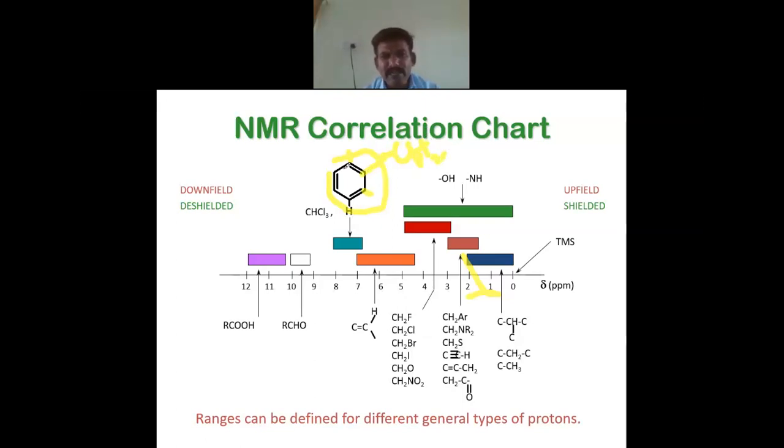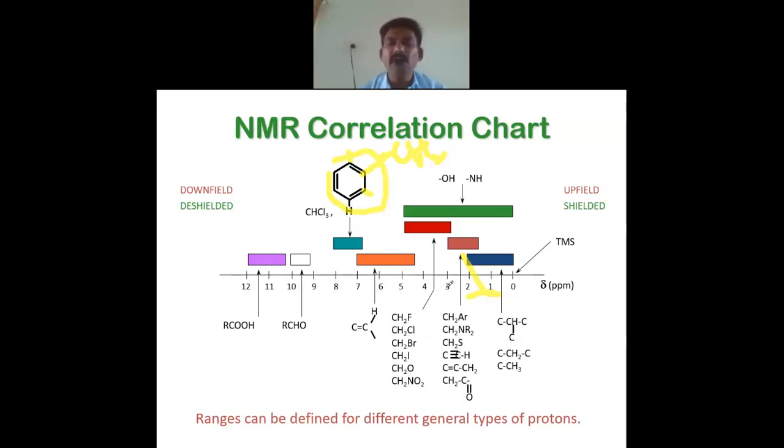The benzene ring is aromatic, but CH2 is not. Benzene protons appear at 7, whereas CH2 appears between 2 and 3. Acetylene triple bond C-H, C double bond CH2, and CH2 next to these all appear between 2 and 3.